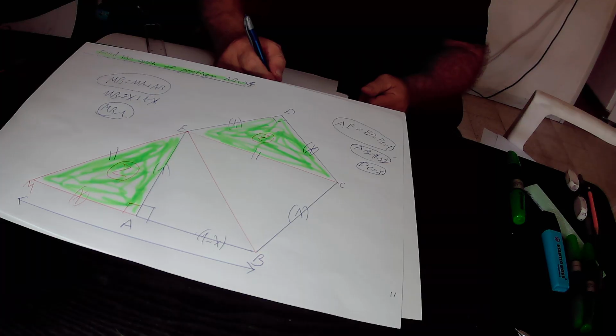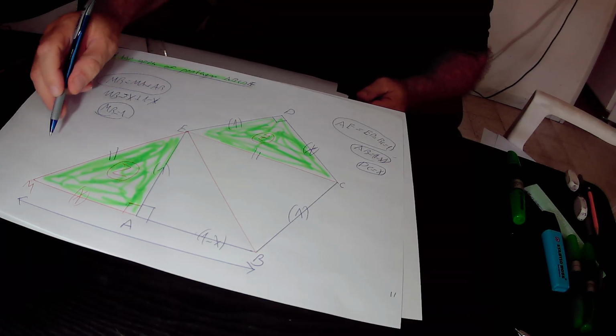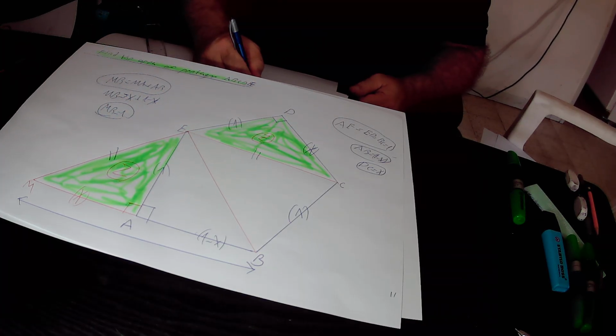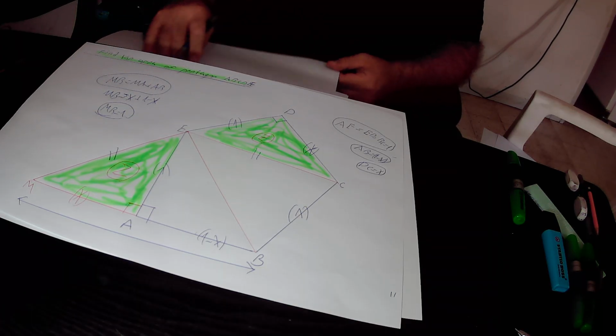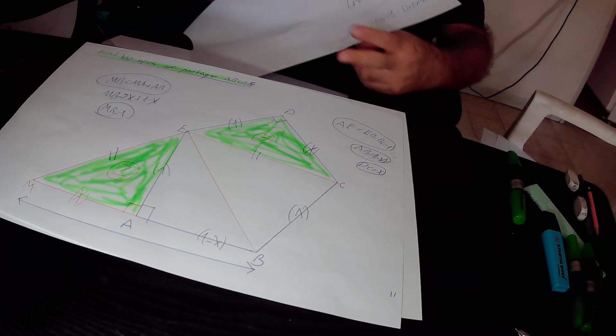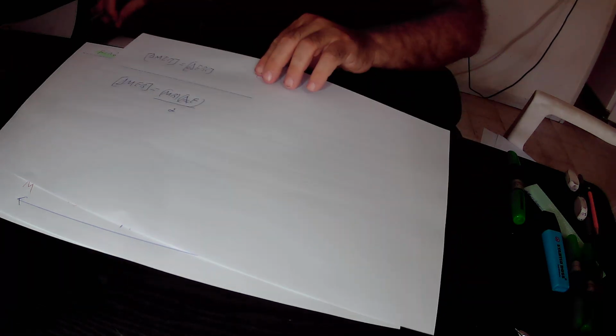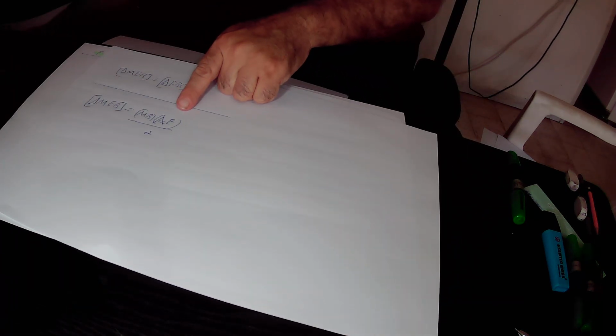So the area of this triangle MEB will be equal to the base MB times the height AE over 2. And again, the area of this triangle MEB is equal to the base MB times the height AE over 2.